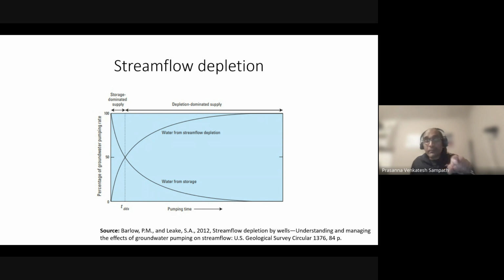Most of the time the river beds are completely dry, and that is because of this stream flow depletion that is happening. And this, as I said, is a recent phenomenon. This excessive groundwater pumping has been taking place only in the last 60, 70, 80 years. Tube well technology has become more and more prevalent since the 1980s in India.